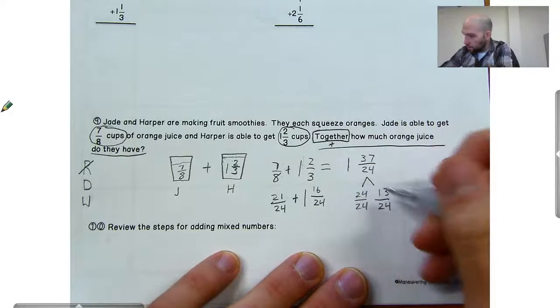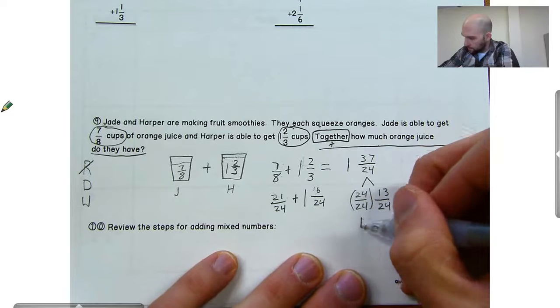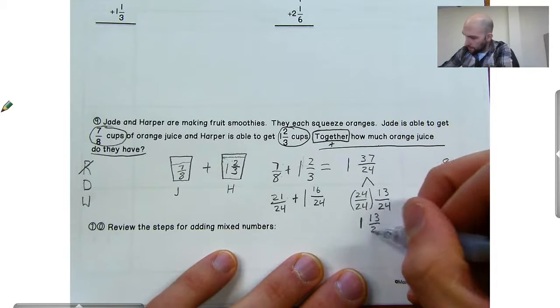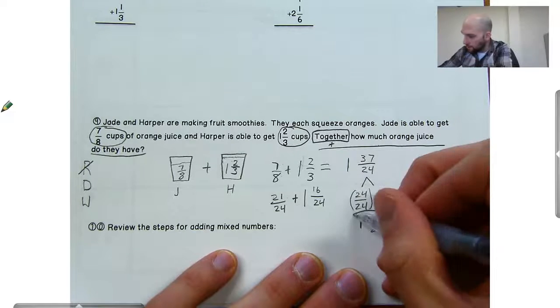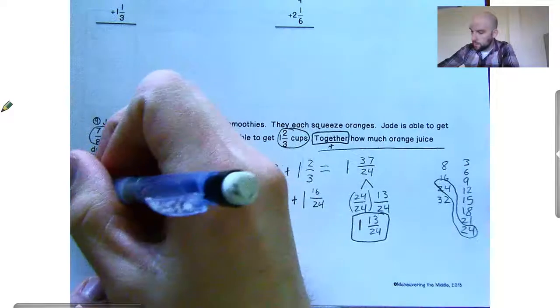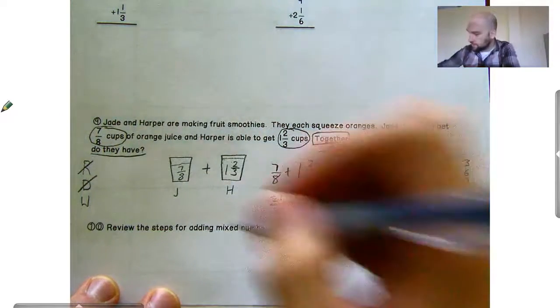This will become 1. And we have 13 24ths left over as our fraction. And that will be our answer: 1 and 13 24ths. But now I've drawn, I have to write my answer in written form.